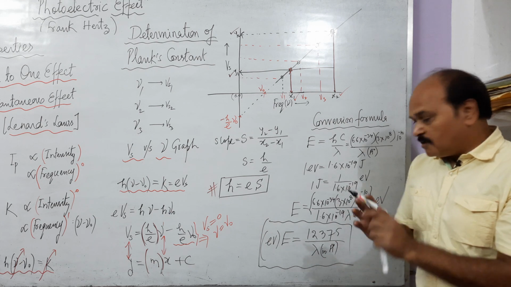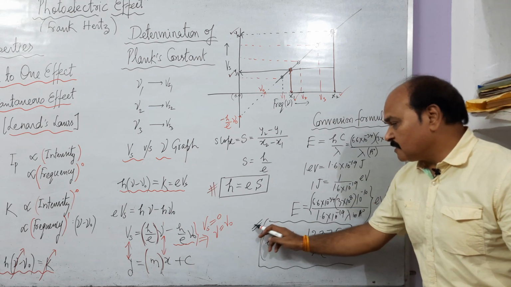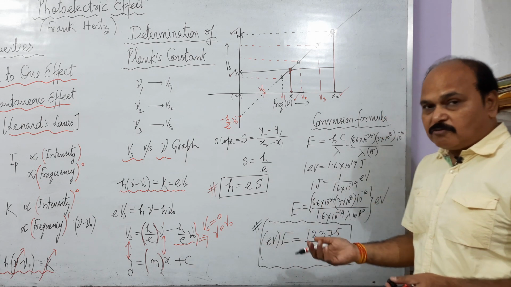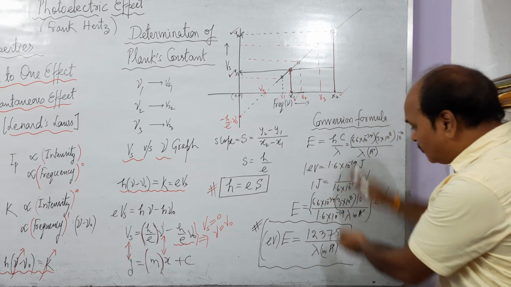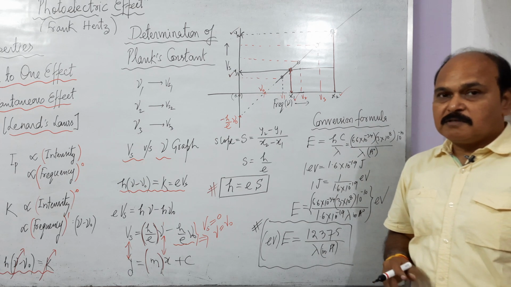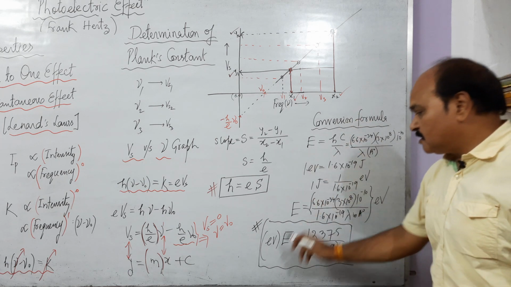So we can convert energy into wavelength and wavelength into energy very quickly using this relation. Otherwise we'll have to work out all these steps. So you can skip all these steps and straightaway use this formula.